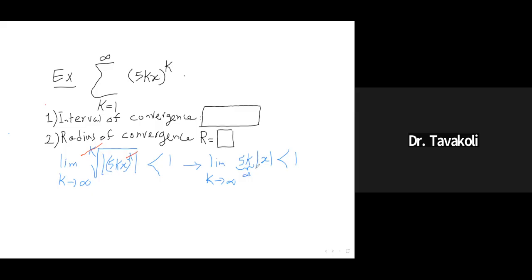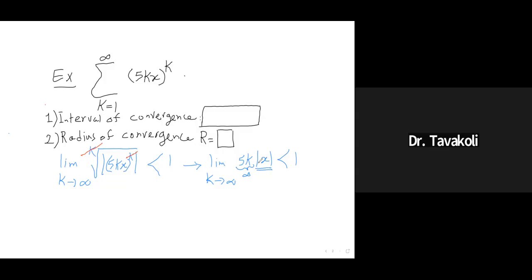If the absolute value of x is anything other than 0, infinity multiplied by that will be infinity, which cannot be less than 1. For instance, suppose x is 1/2. Then when k tends to infinity, 5k is infinity, and infinity times 1/2 is infinity, which is more than 1.